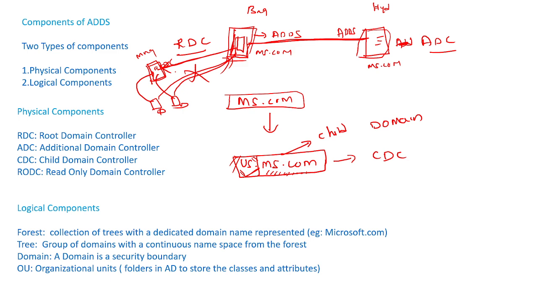And the fourth one is the read only domain controller. A read only domain controller is a copy of the root domain controller or additional domain controller. All the data of the RDC or ADC will be there in the RODC, but it will only have read permission. You cannot do any write operations in the RODC.